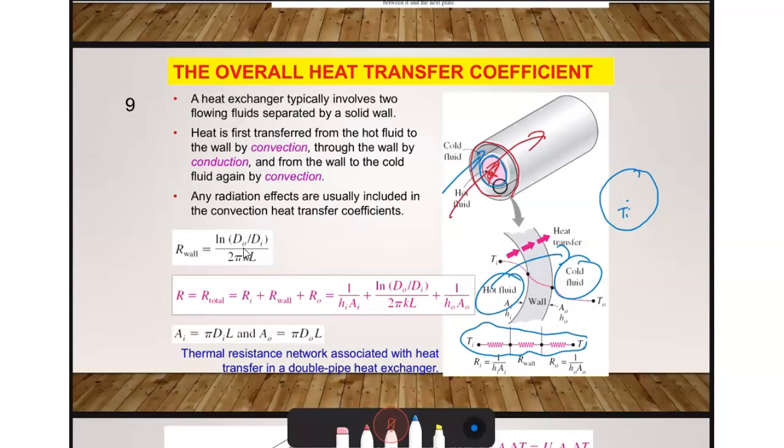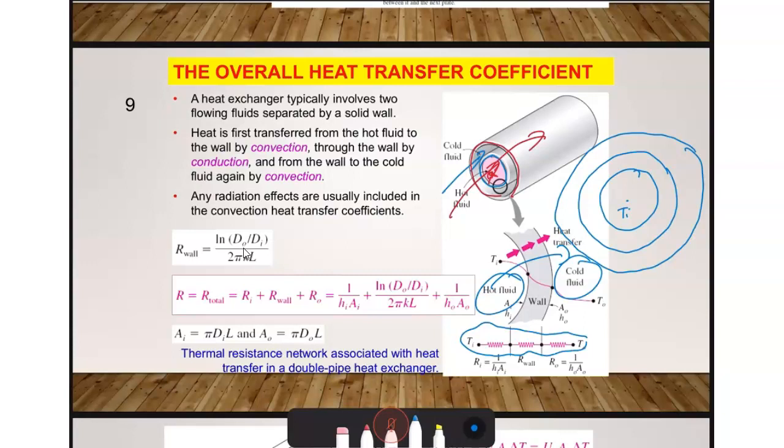Then the inner one, and we have the wall. Just draw the wall a bit big so we can see the thickness. And then we have another one, which is fluid, not the outer wall. So the calculation is only up to the fluid.